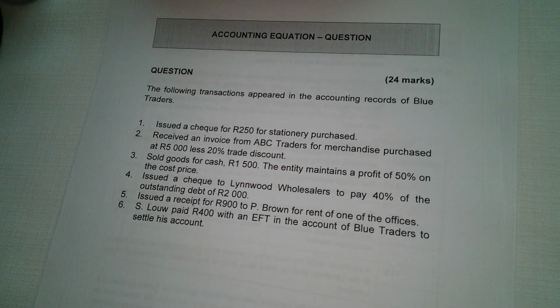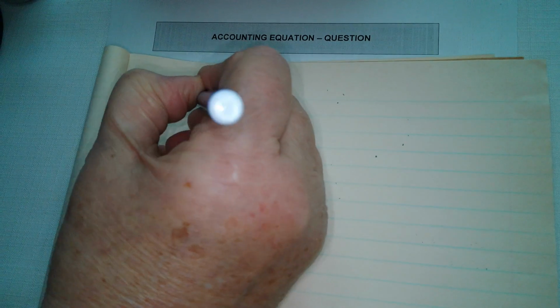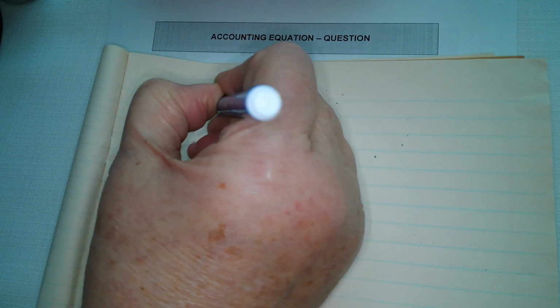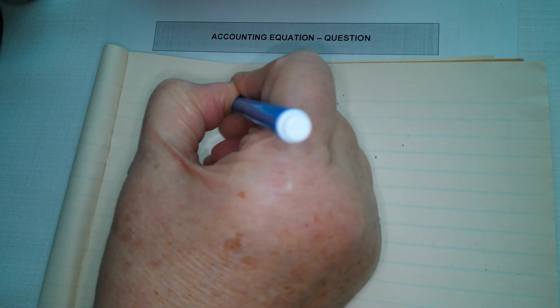So if I want to do this entry, I will have to deduct the 20% from the 5,000. So I will say 5,000, and you can say times 20% and then deduct it, or you can say 80%.